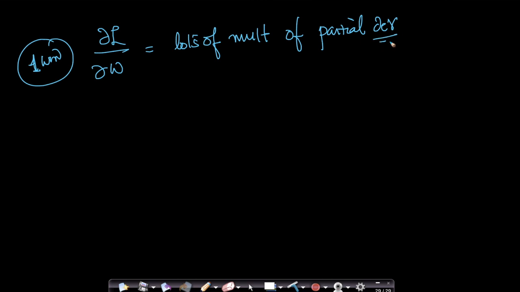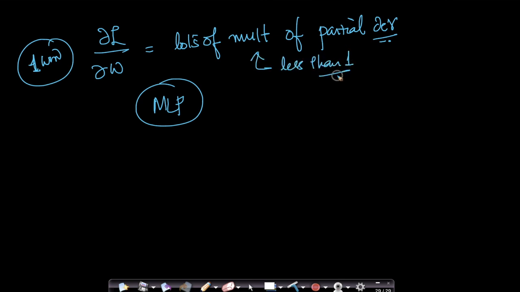If you recall our MLP chapter, we realized that when you have lots of these multiplications and most of these values are less than 1, or all of them are less than 1, you can easily run into a vanishing gradient problem.